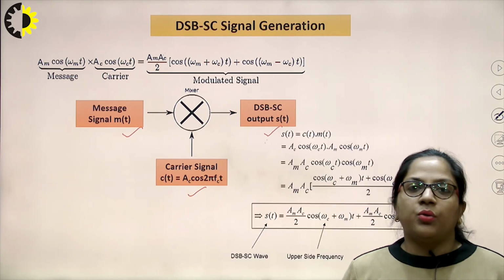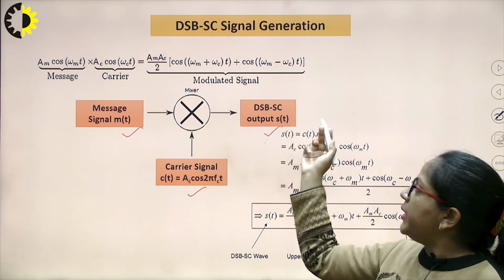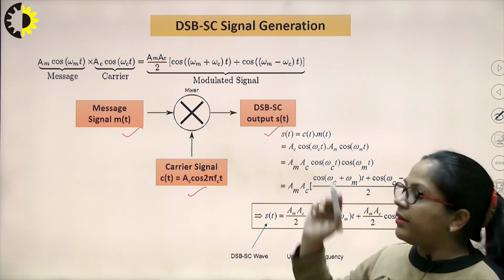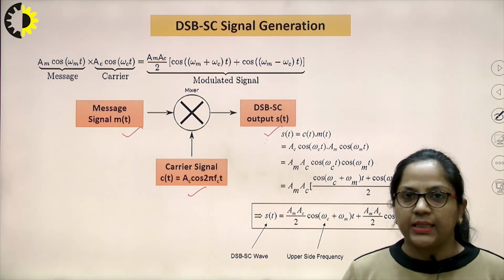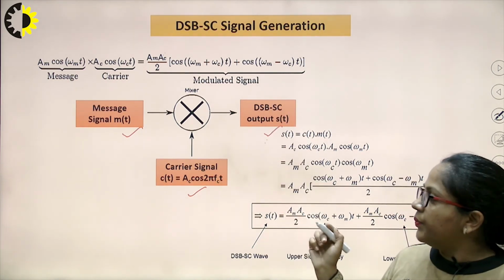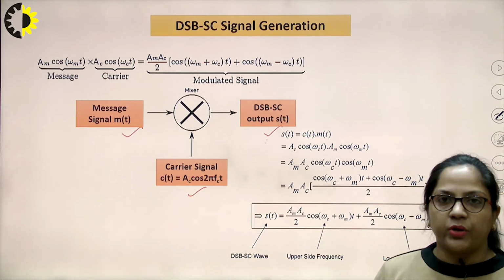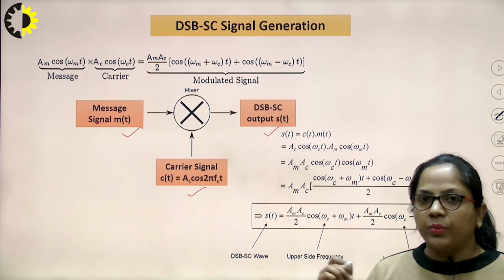Let us check how we will get the DSB-SC output. What is the standard expression for DSB-SC waveform? Here we are considering single tone modulation. What is single tone modulation?